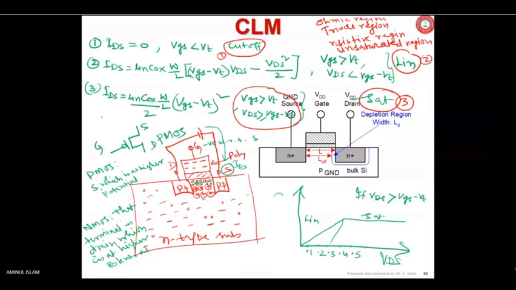In the case of the N MOSFET, if I draw this symbol with G, D, S, this is the drain because this source will possibly be grounded and the drain will be at higher potential. In the case of a P MOSFET, the thing is different.